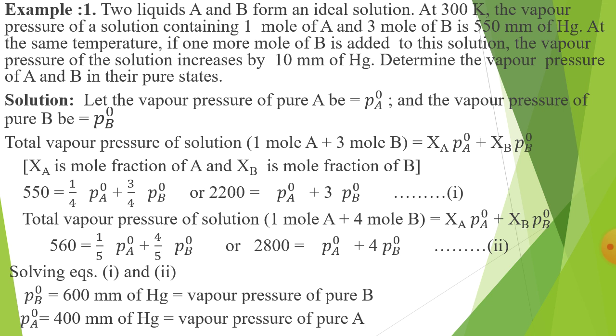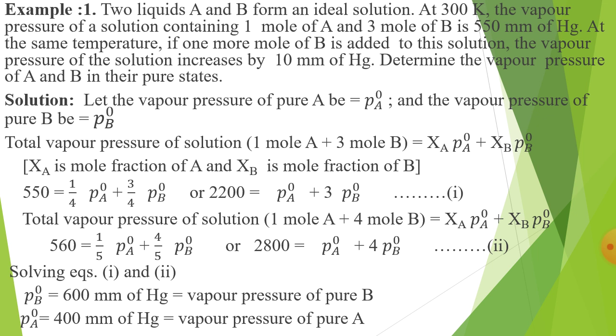So now we can solve like this. Let the vapor pressure of pure A be P0A and the vapor pressure of pure B be P0B. The total pressure of the solution, with 1 mole of A and 3 moles of B, is equal to XA P0A plus XB P0B, where XA is the mole fraction of A and XB is the mole fraction of B. Here the total pressure in the first case is given as 550, and the total moles is 4.